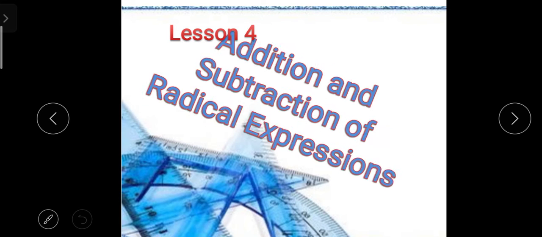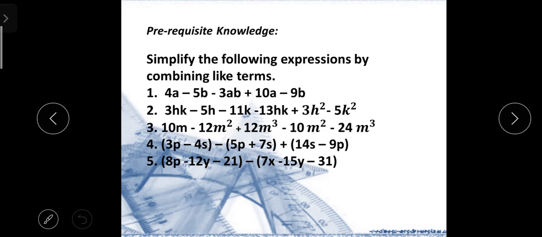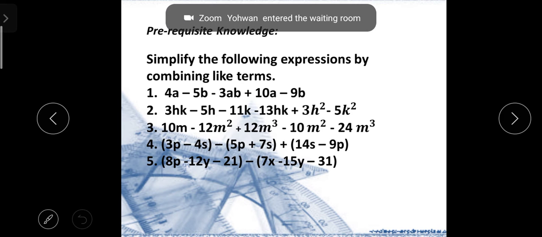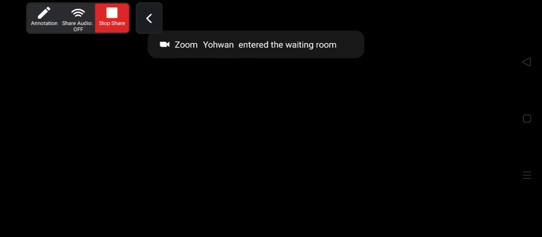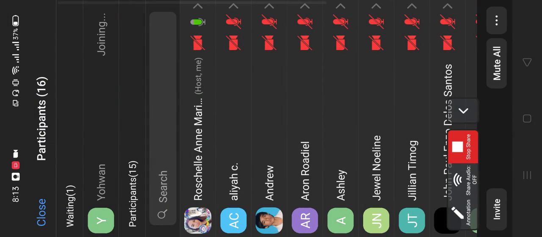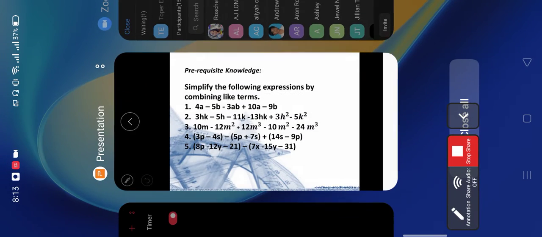Okay? Number 2. 3hk minus 5h minus 11k minus 13hk plus 3h squared minus 5k squared. Ano po ang magkakasama? May magkakasama ba? Okay, ano dyan yung pagsasama-samahin natin?